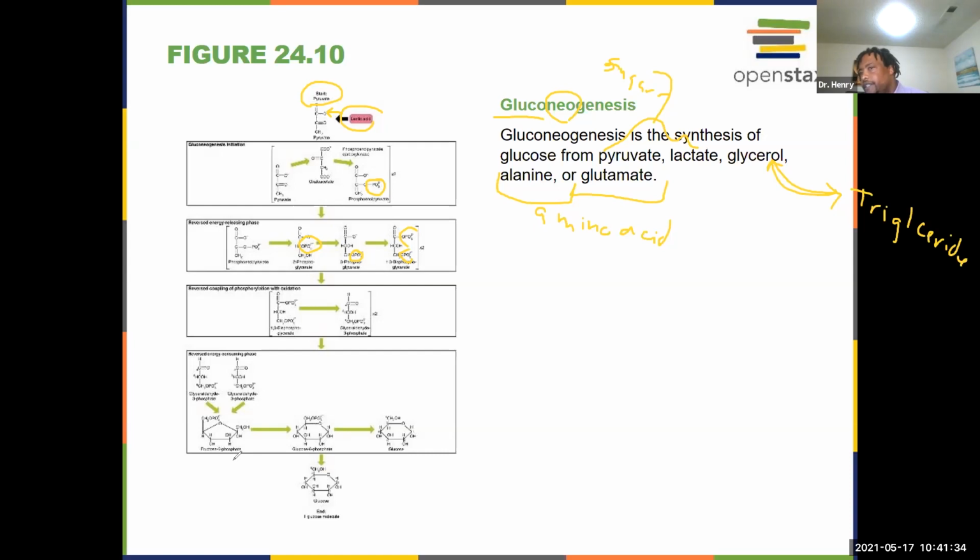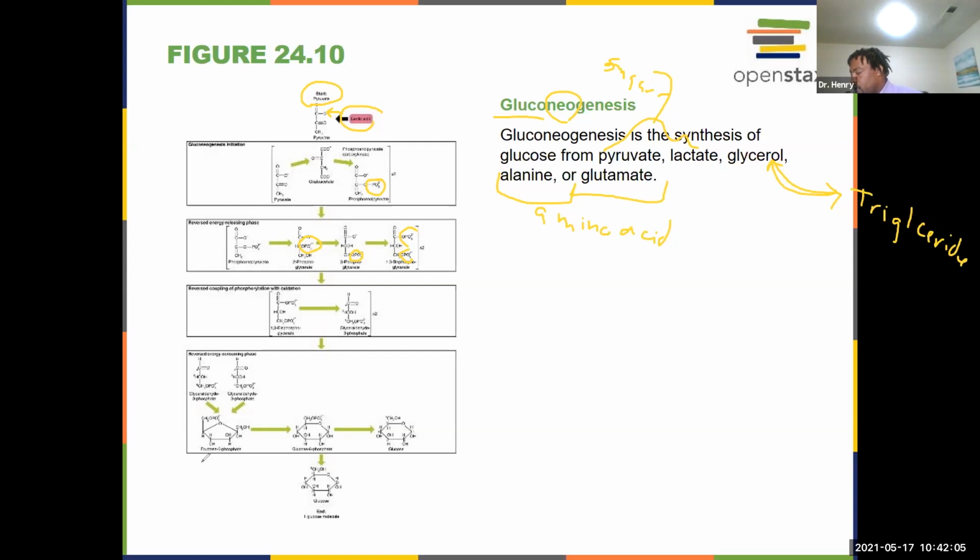fructose 6-phosphate. Fructose is a 6-carbon, but a 5-ring structure. Okay, so it has 5 angles. So you have the oxygen, you have 1, 2, 3, 4, so a total of 5 points. But it's still a 6-carbon structure.